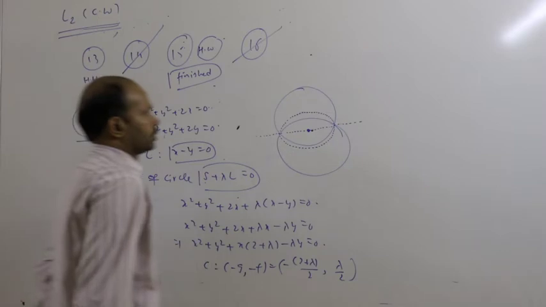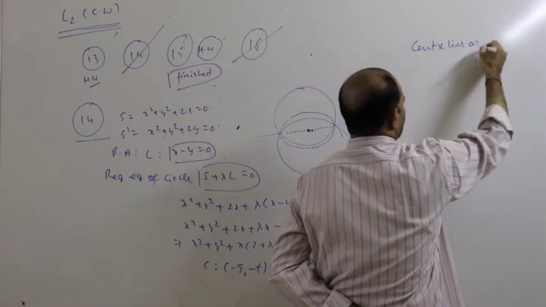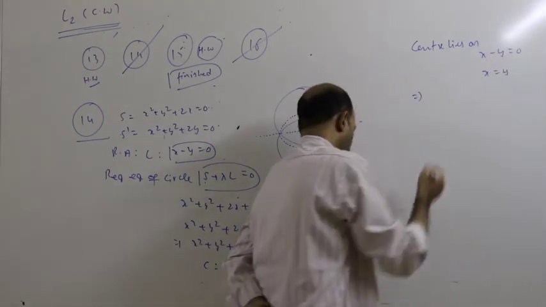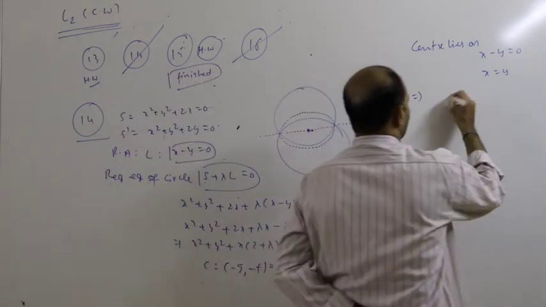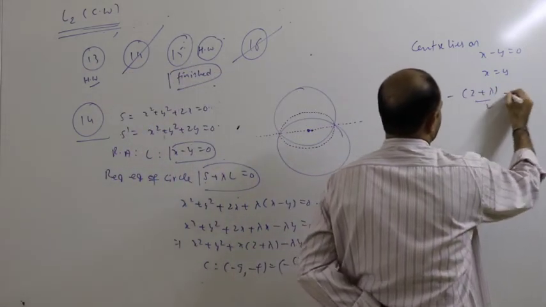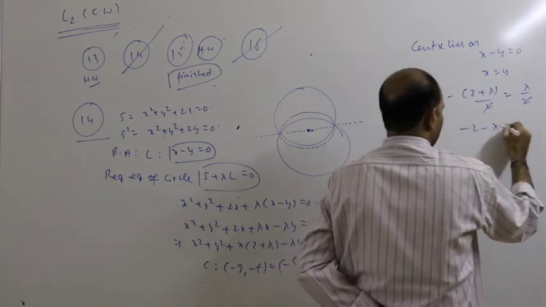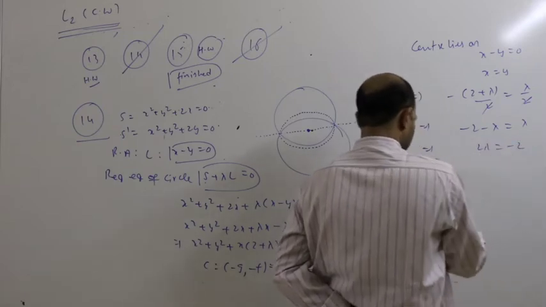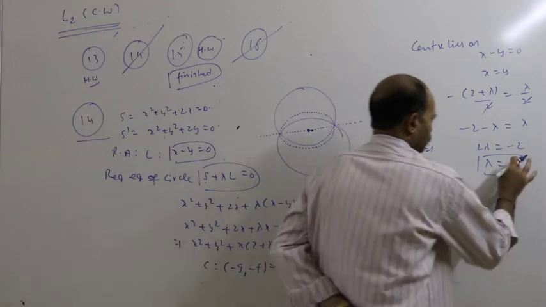Center lies on x minus y equals 0, or x is equal to y. Applying it follows: minus of (2 plus lambda) by 2 is equal to lambda by 2, and the 2s cancel. Minus 2 minus lambda is lambda, that implies 2 lambda is equal to minus 2, so lambda is equal to minus 1.